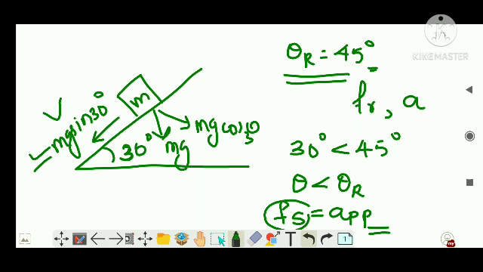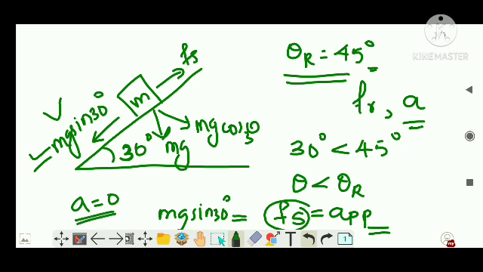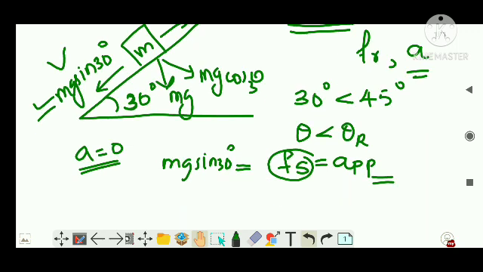That means the static friction will be equal to mg sin 30 degrees, that is mg by 2. And you are asked what the acceleration is. See guys, it is not moving, it is at rest, that's why the friction is static friction. If there is no motion, there is no acceleration, so acceleration is equal to 0. Simple. Now we will make it a little bit more complicated.